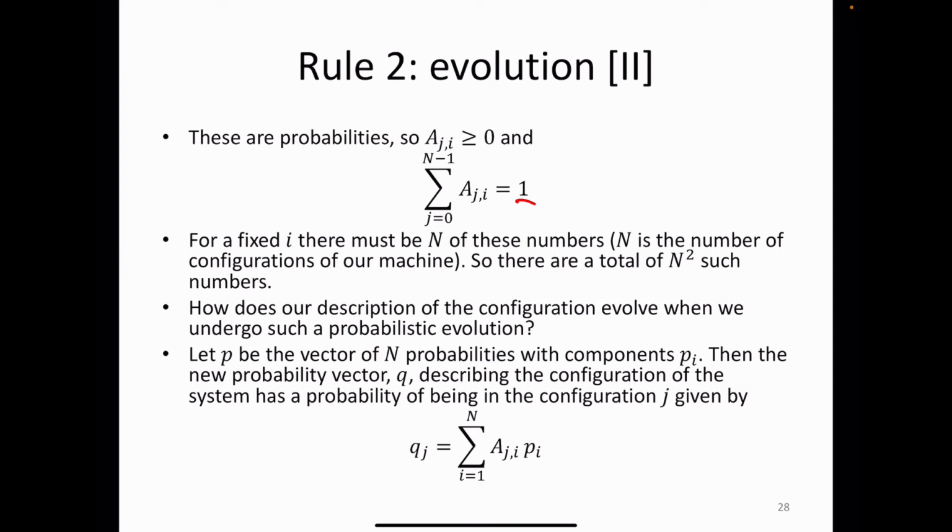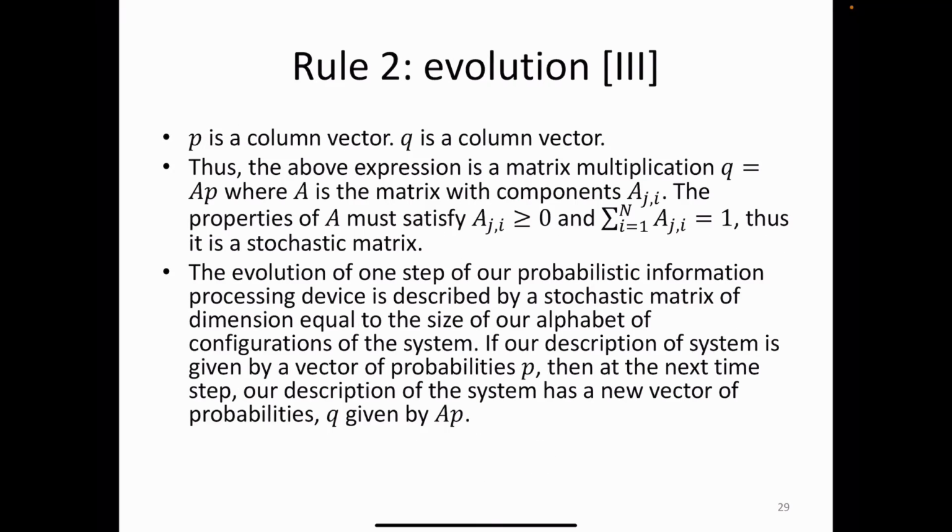So what we see here, P is a vector of n probabilities. Here we have the ith configuration, the ith probability or component, and then we will end up with a new vector after doing the evolution of that system. So let's see how that goes.